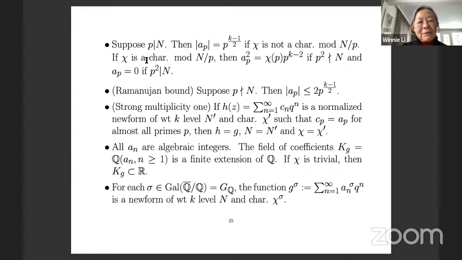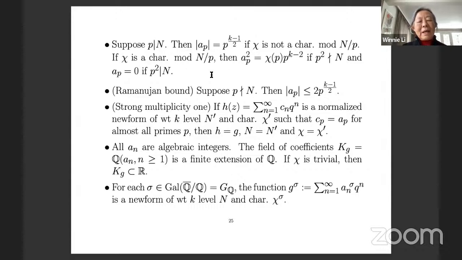Now, if chi is a character mod n/p, and if p squared does not divide n, then one knows a_p squared explicitly is chi(p) p^(k-2). So the absolute value of a_p is p^(k/2-1), which is smaller than in the previous case. But if p squared divides n, then a_p is equal to 0.